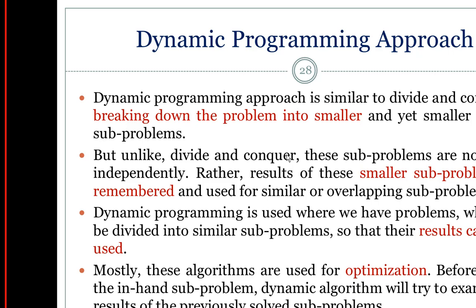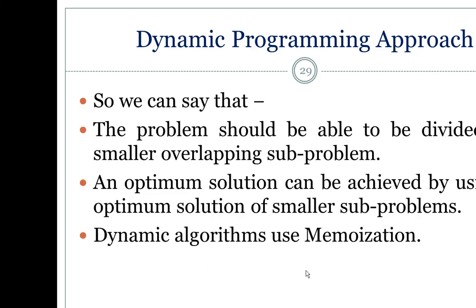Mostly, these algorithms are used for optimization. So whenever the optimum solution is required, the dynamic programming approach can be used. The solutions of subproblems can be combined in order to achieve the best solution. So in short, what can we say about dynamic programming?